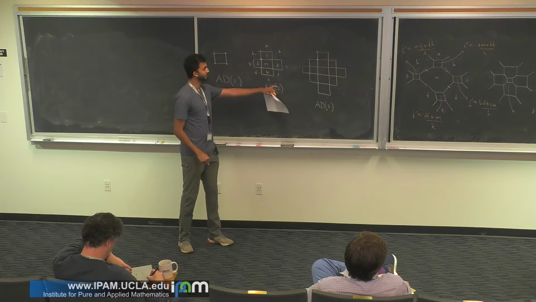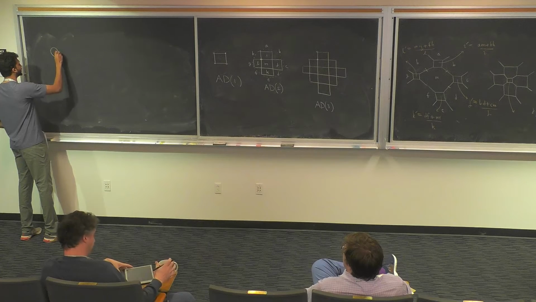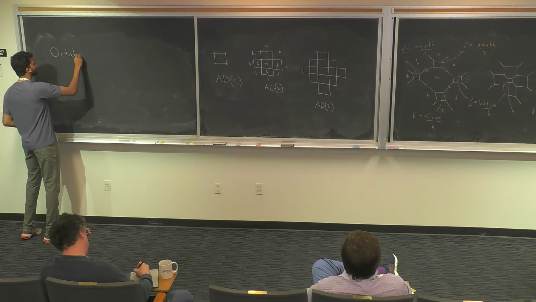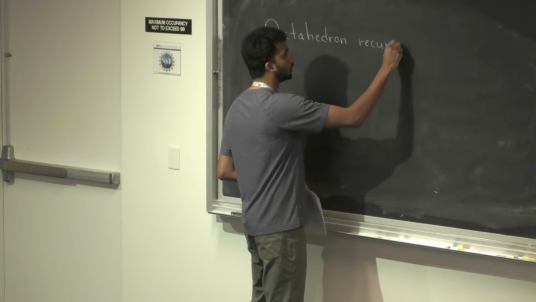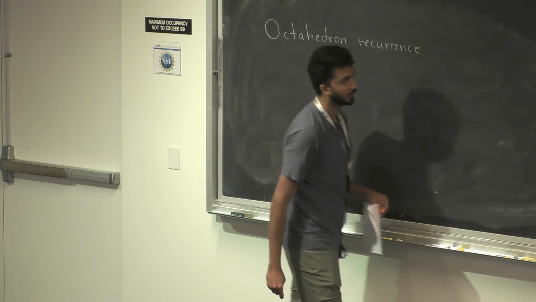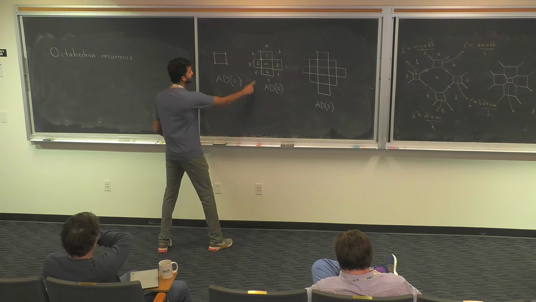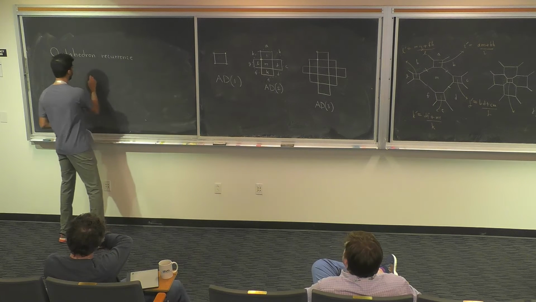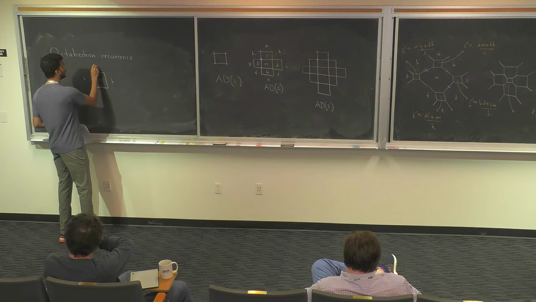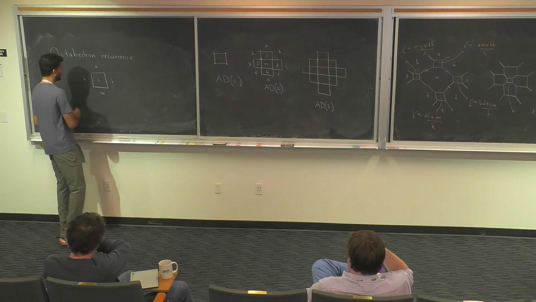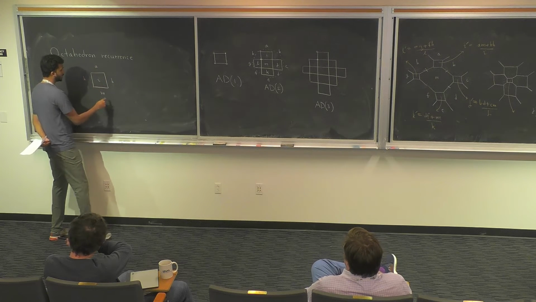Okay, so before we state the theorem, there's another way to think of this process. So this was originally called the octahedron recurrence, the process we did. And the reason for this is, say you're looking at mutation at one of these square faces. So suppose this face over here, so I, B, H, M. So what you want to do is think of these faces as living at some level.